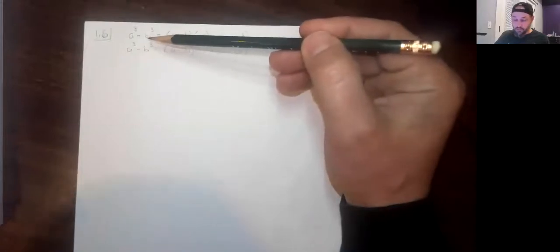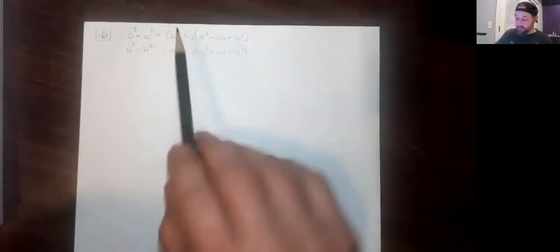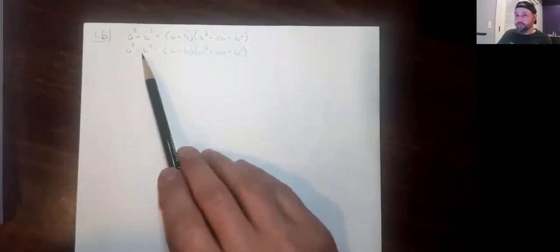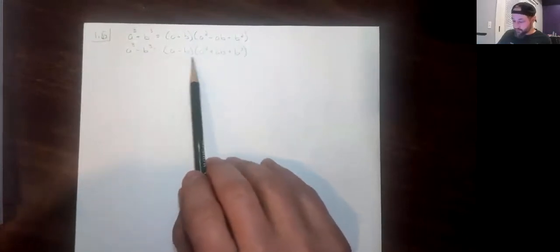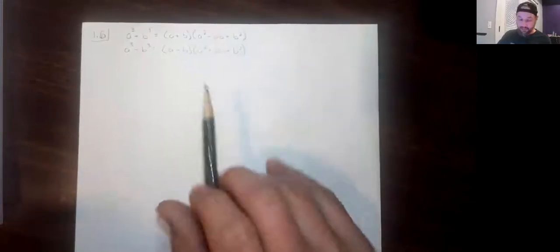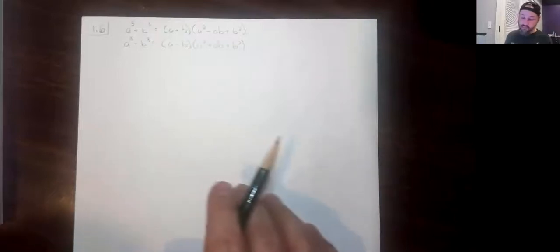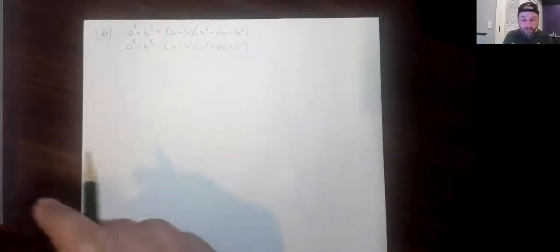Sum and difference of perfect cubes. There is a formula. That's it right there. If you see a perfect cube plus a perfect cube, you use this formula. If you see a perfect cube minus a perfect cube, you use this formula, and you just plug them in. So look for perfect squares and perfect cubes, because then you have formulas you can follow.